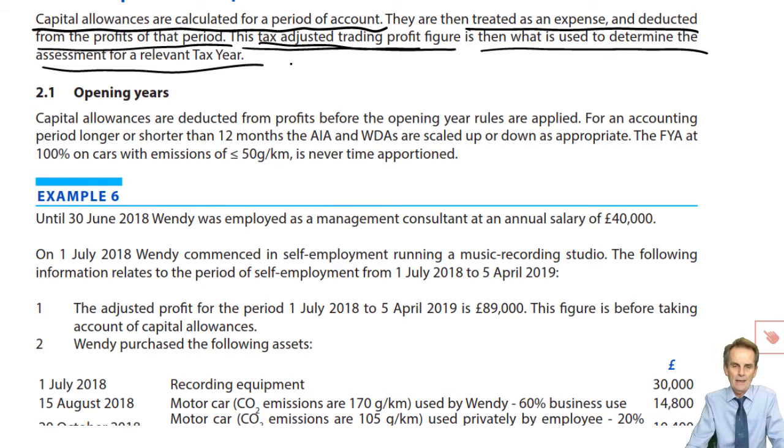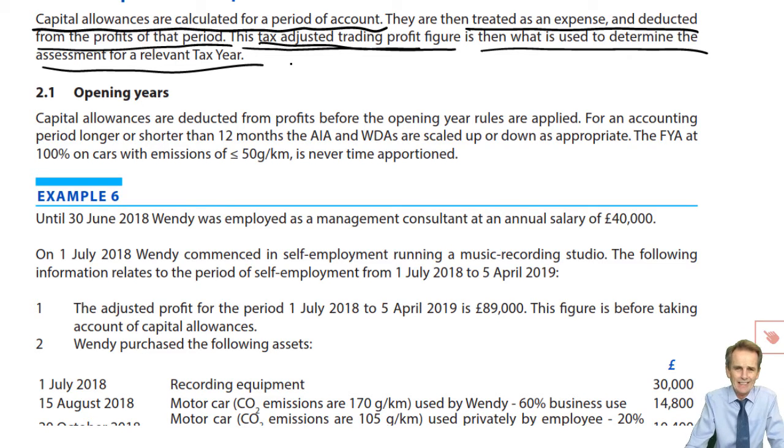Of course, the particular problem about the opening period is, unlike the periods thereafter, as you continue to trade, it won't necessarily be a year. We don't start on one date and automatically choose a date 12 months later as our accounting period end date. We may start to trade on the 1st of January, but it doesn't mean that we have to choose the 31st of December as our accounting period end date thereafter.